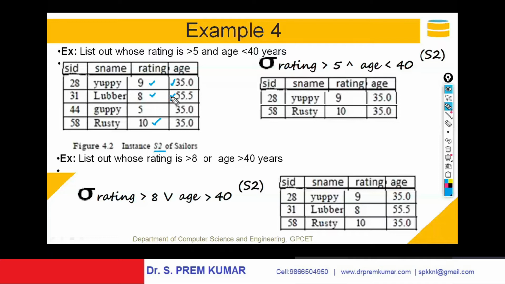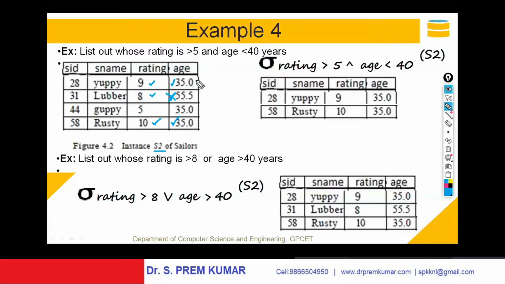So though the rating condition is satisfied, the age condition is not satisfied. Your age should be less than 40. Here it is satisfying the rating condition but not the age condition. And coming to this, rating is greater than 5, yes. And age should be less than 40, yes, this is 40, less than 40. This is satisfied.